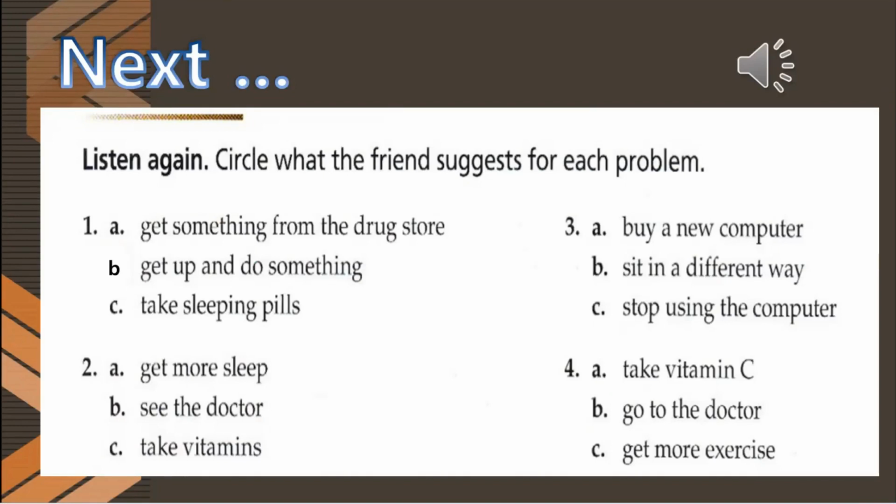You have to choose again the correct answer related to the 3 choices here, 3 possible answers, but you have to choose one. Only one is the correct answer. Okay, now you are going to listen and circle what the friend suggests for each problem.